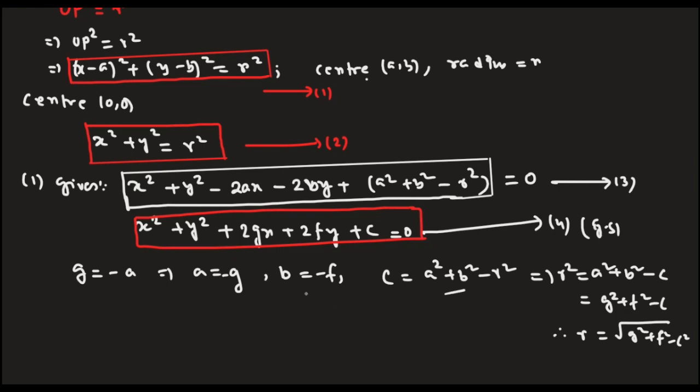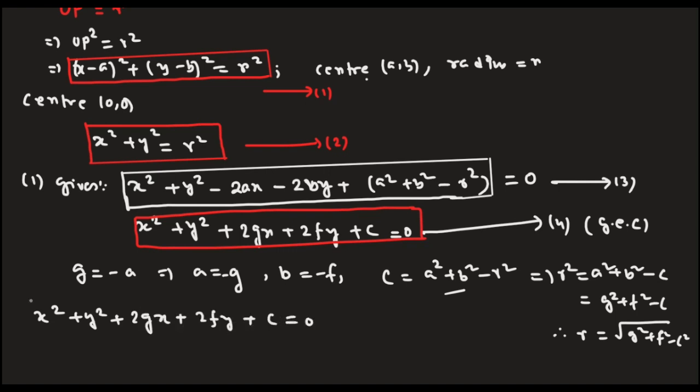So now general equation, we can write this as GE of circle, general equation of circle. Now the general equation of a circle is x square plus y square plus 2gx plus 2fy plus c.